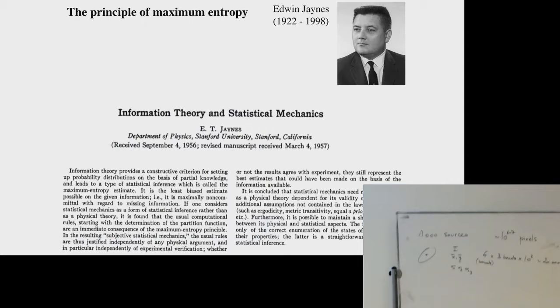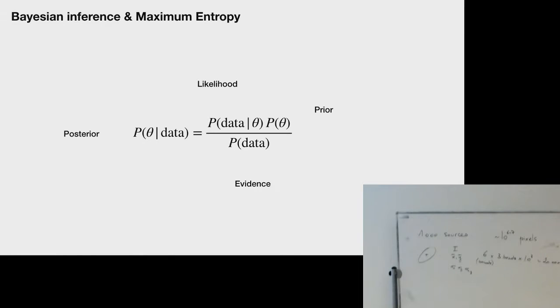An important concept that I introduced yesterday is the principle of maximum entropy. This is extremely powerful, and that's what should guide you in the way you think about distributions in many ways. One way that I would like to state very clearly is when you do Bayesian inference. So David talked a lot about this. We have the posterior, the likelihood, the prior, and the evidence.